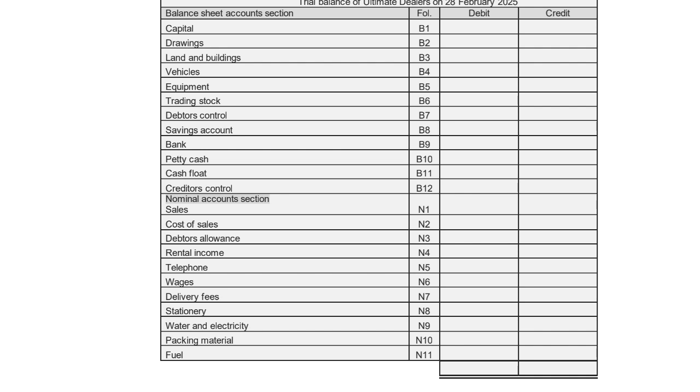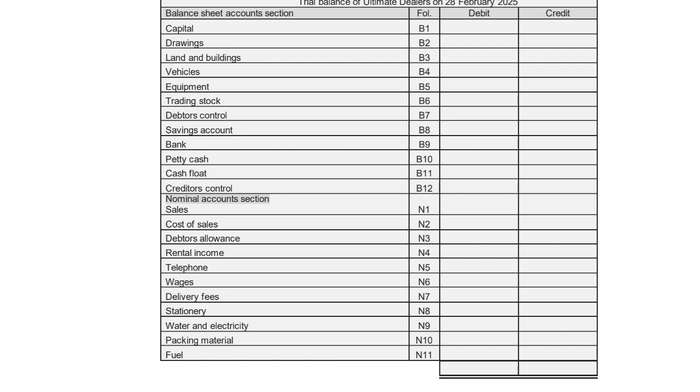So in my workings out, when we did the general ledger, all my totals were color-coded in red. And then just above that, you would have your balance carried down for the next month.